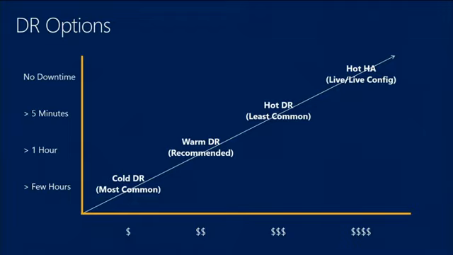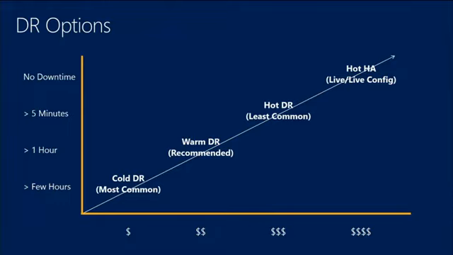So if I'm good with a couple of hours, cold DR is good enough. It's the most common. The reason is the cost is actually very, very low. The changes in code are very, very low. So it's the easiest entry point.